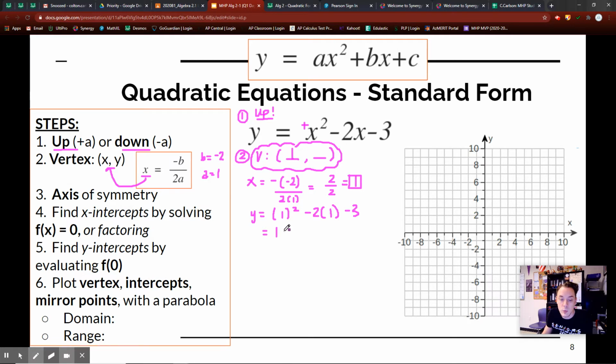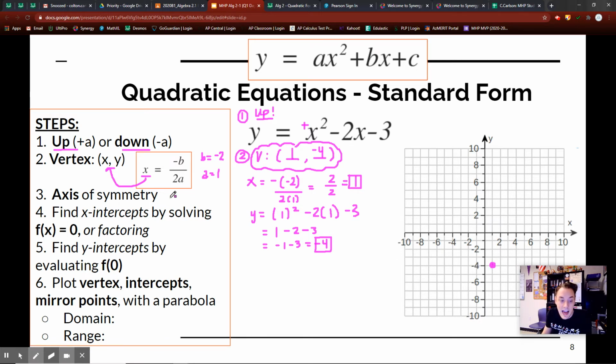What this equals is 1 minus 2 minus 3. Order of operations tells me that this is going to be negative 1 minus 3, which equals negative 4. So negative 4 is my actual y coordinate for my vertex. That means I can actually graph it. So 1 and then negative 4 goes right here.